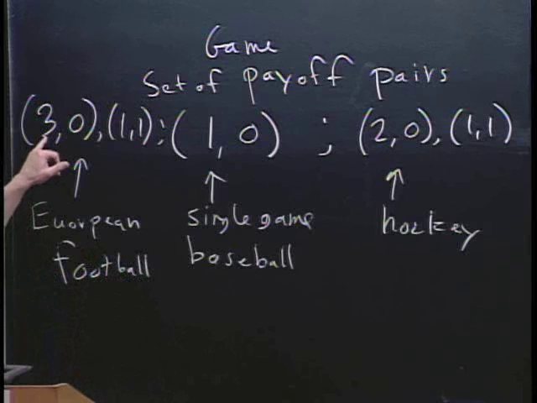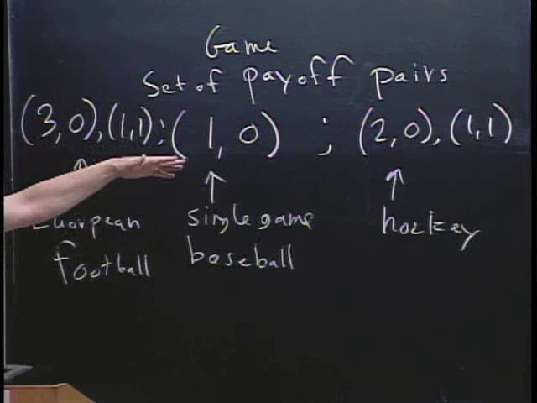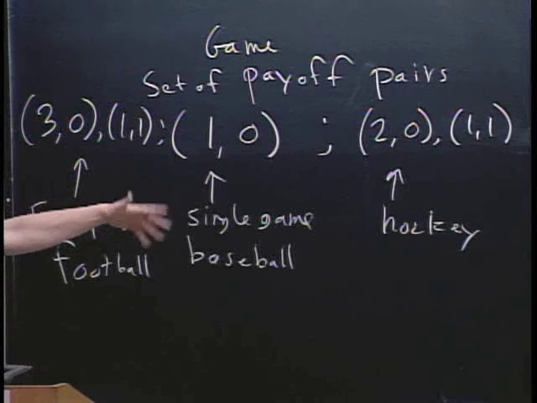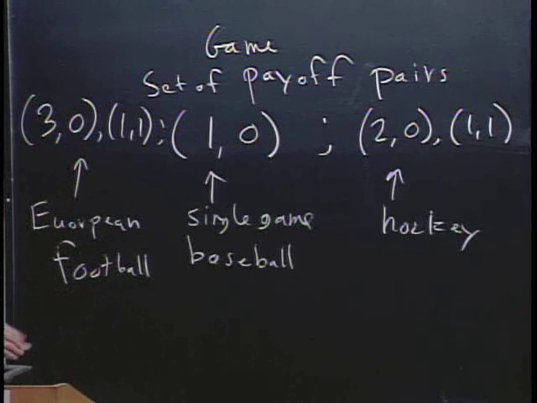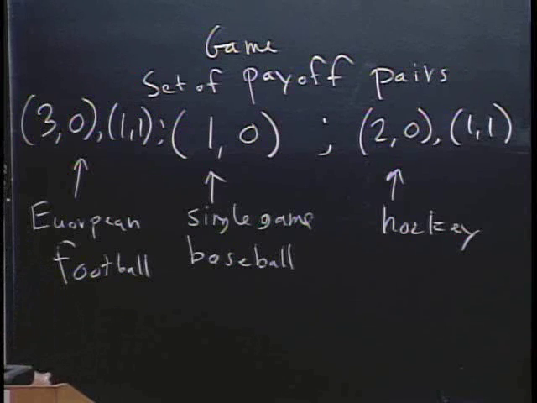Okay, if one team wins, they get 3 points, and the other team gets 0, and if they tie, they get 1 each. Okay, so here are 3 different payoff pairs that are possible for 3 different kinds of games, and there are many, many different payoff pairs that you can find if you look at different kinds of games. And I'm happy to hear about some others that people might know about.